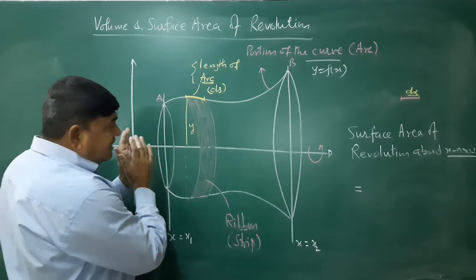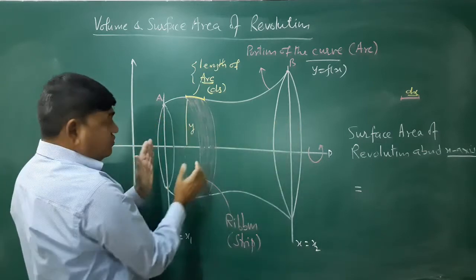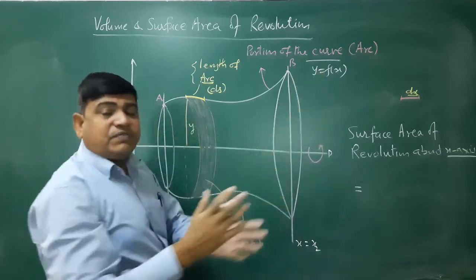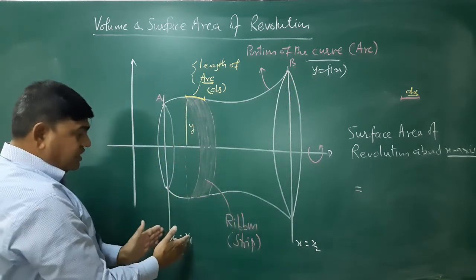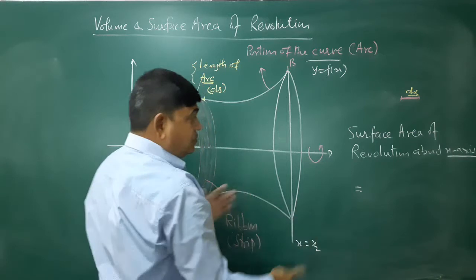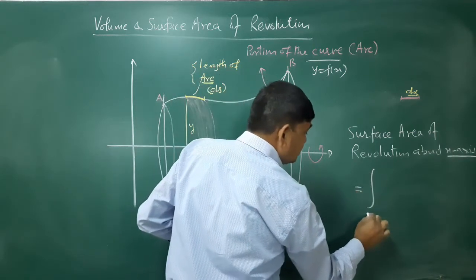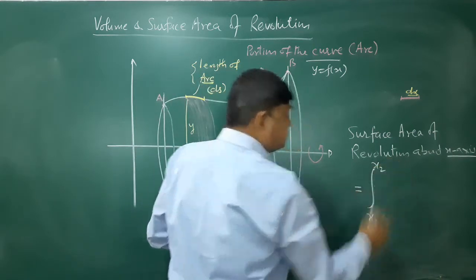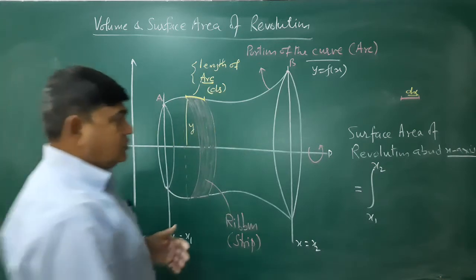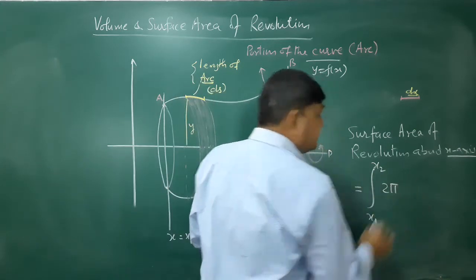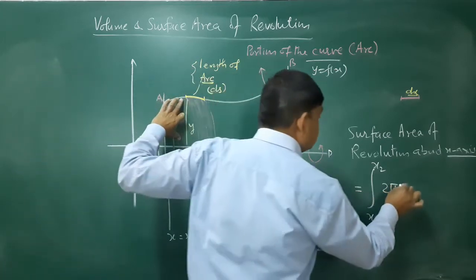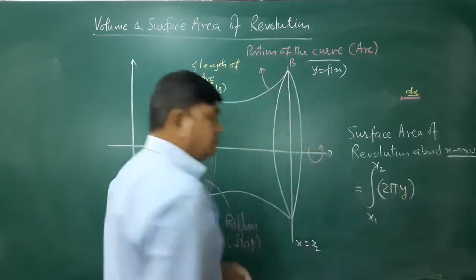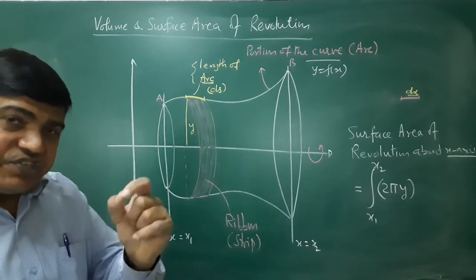So if we integrate this, then we can find the whole surface area, and this integration is between x1 to x2. 2 pi r, r means radius, so here it is y, into the width.